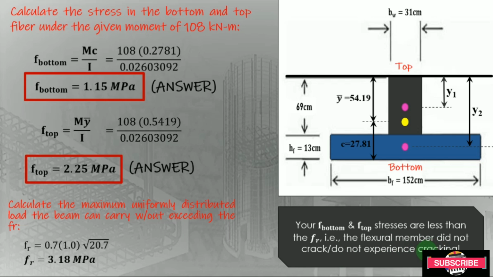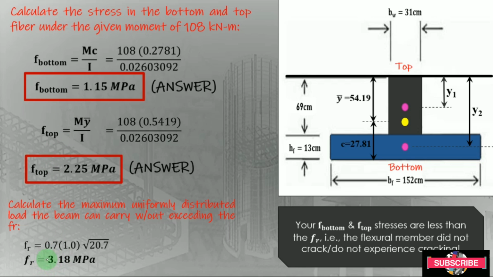That is why in the problem statement we assumed that the beam is uncracked, and now we are confirming that the said inverted T-beam did not crack. This verifies that statement based on the result of our bending stress at the bottom and top of this inverted T-beam compared to this modulus of rupture FR.